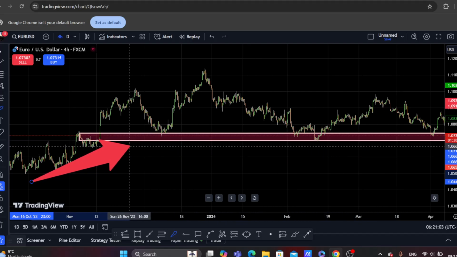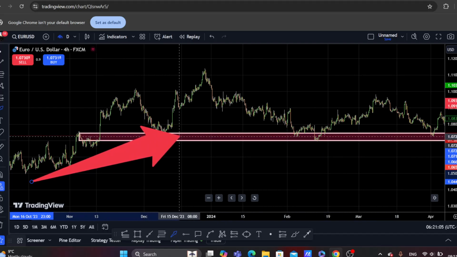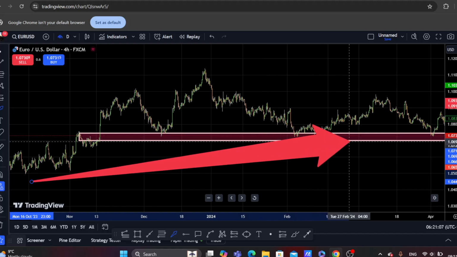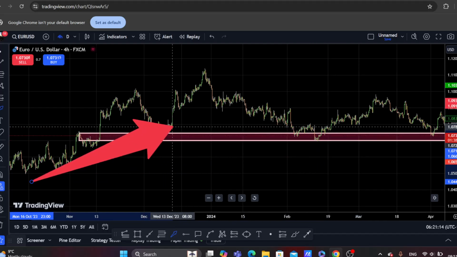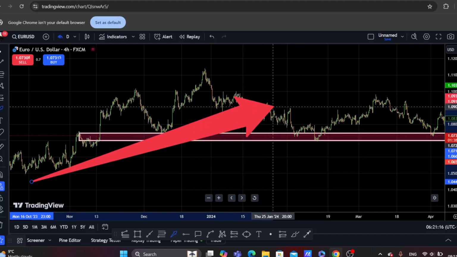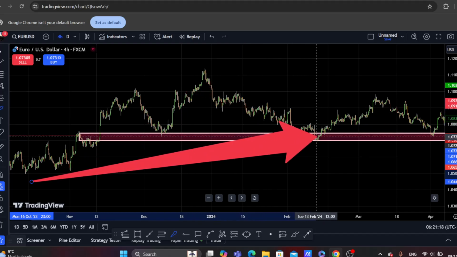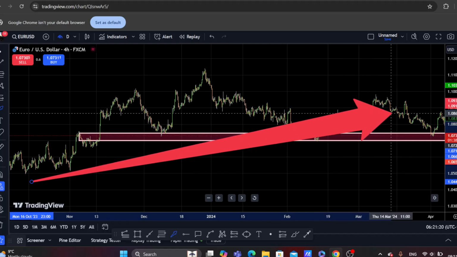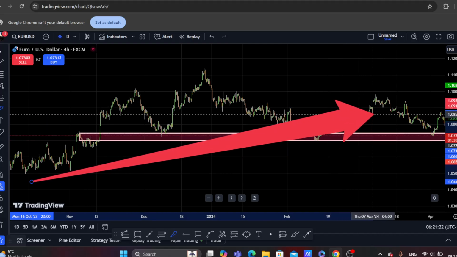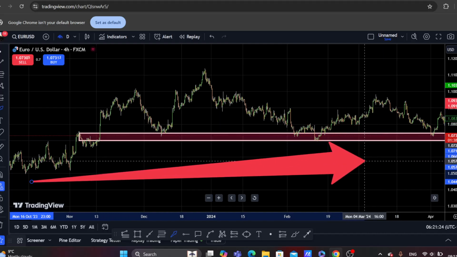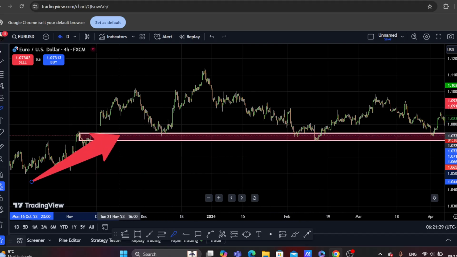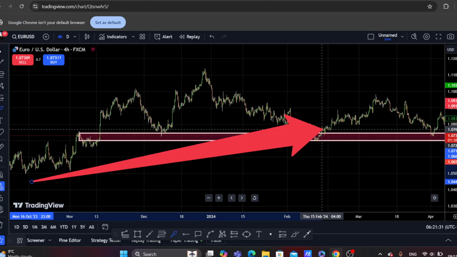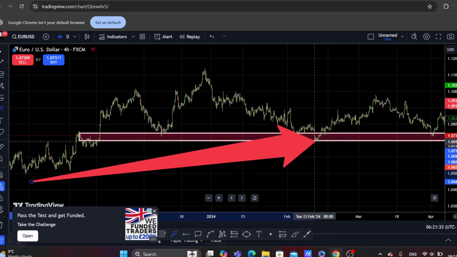So this level is a good support and resistance level where the support and resistance traders will be taking long from, because the market keeps bouncing up. Once the market comes back and rejects the level, they will take a long trade. This is how the support and resistance traders trade. Also, this level has created demand zones as well.